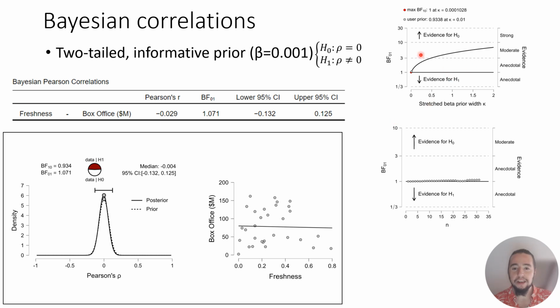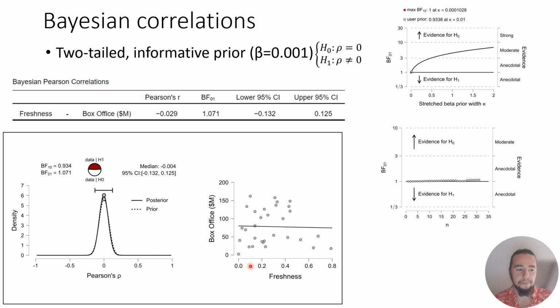And now we have a Bayes factor 0, 1 of 1.07, so it's basically inconclusive evidence supporting H0 or H1. As you can see here, the sequential analysis is basically hovering around 1. So the Bayes factor says that the two models are basically the same, and we still have the descriptive data.